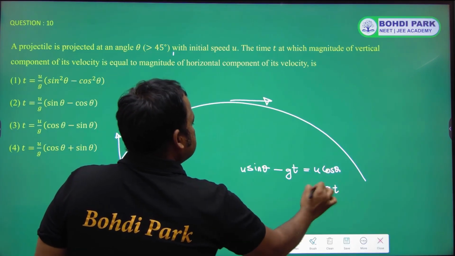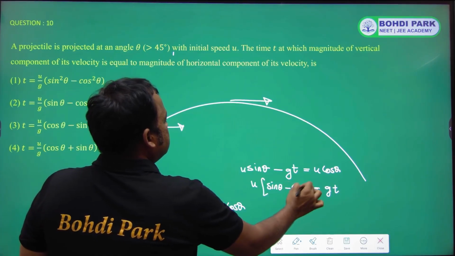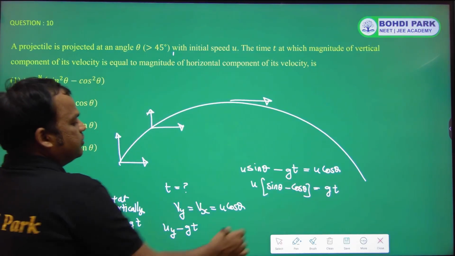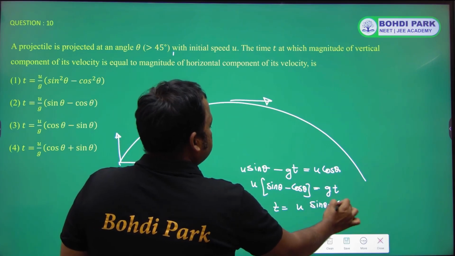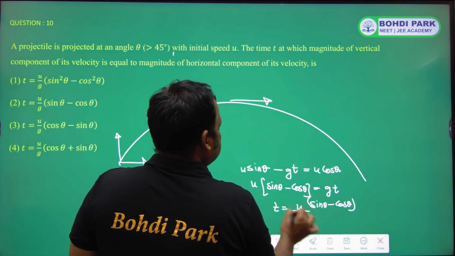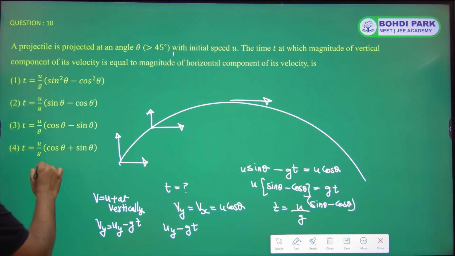So gt is equal to u sin theta minus cos theta. So time is equal to u into sin theta minus cos theta bracket close by g. U by g sin theta minus cos theta. So second option. Okay, done. Thank you.